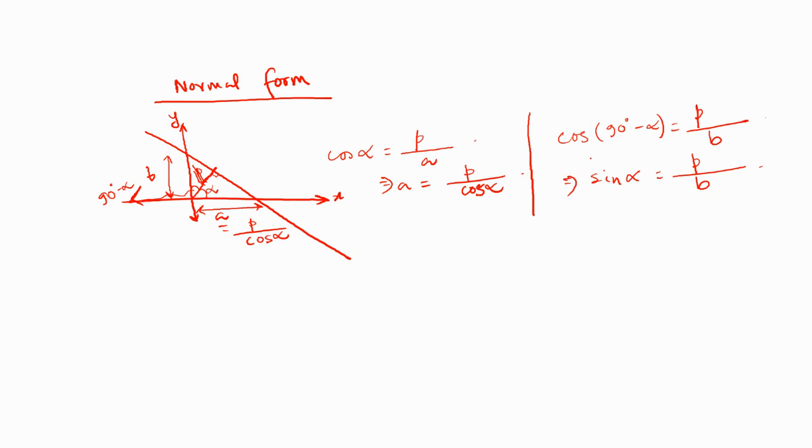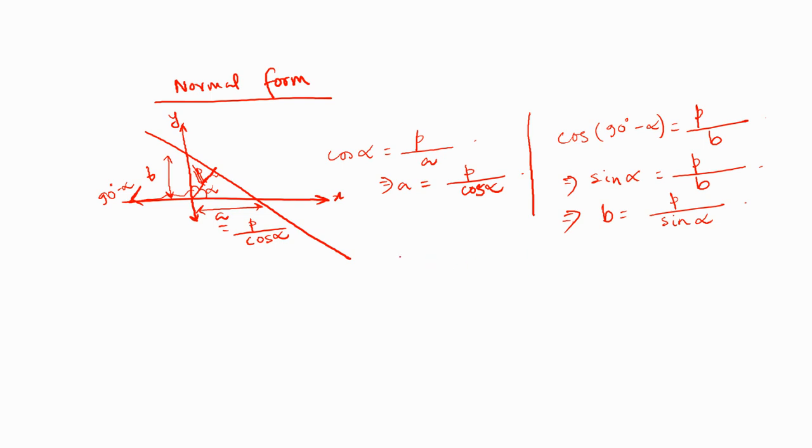I hope you guys know this, that cos 90 minus alpha is equal to sine alpha. We will cover this in triangles in trigonometry. If you don't know, bear with me for some time, because we have to go into details of how cos 90 minus alpha equals sine alpha. So from here, b equals p by sine alpha.